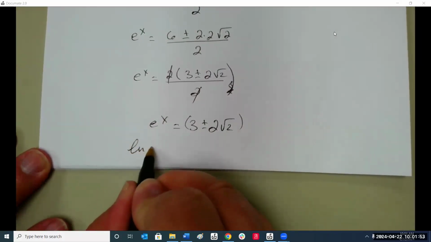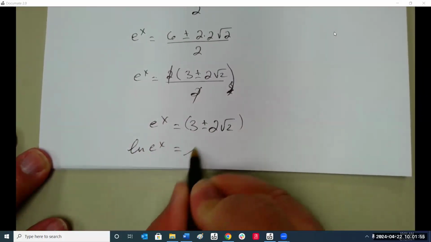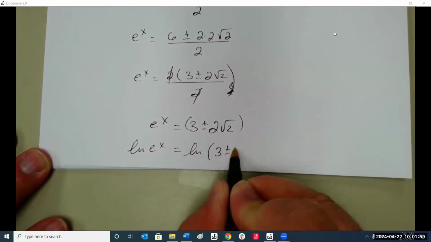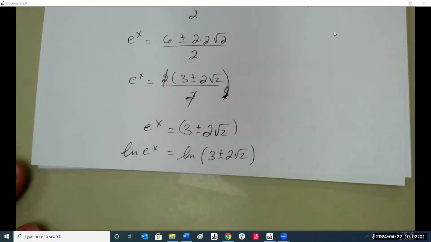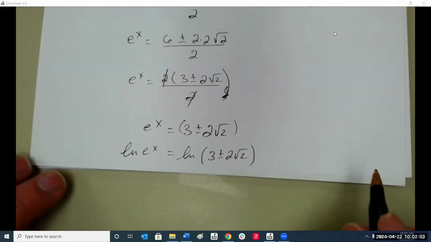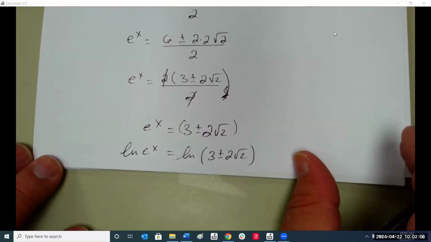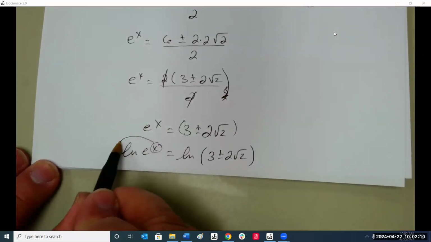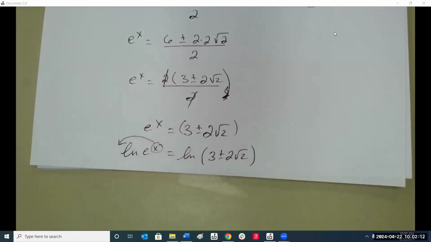So the ln of e to the x, the ln of 3 plus or minus 2 square root of 2. The x comes out in front.